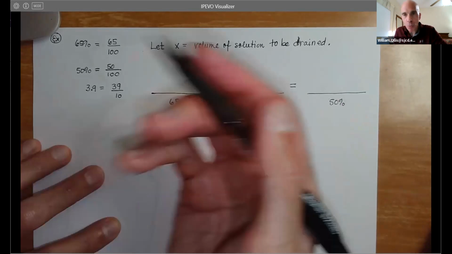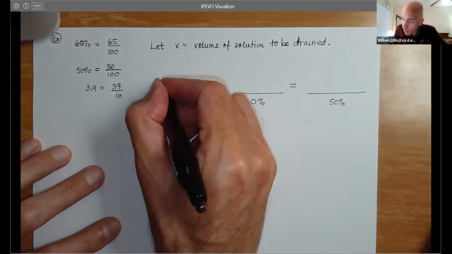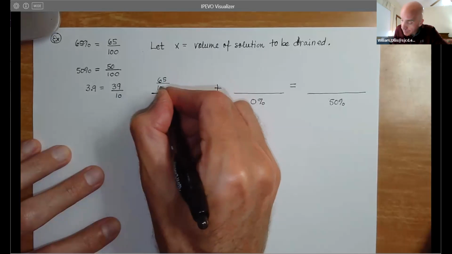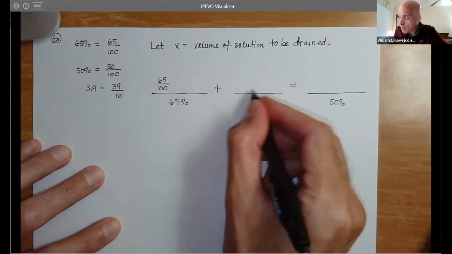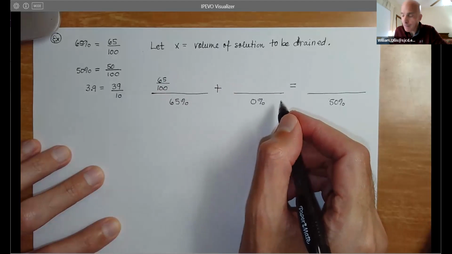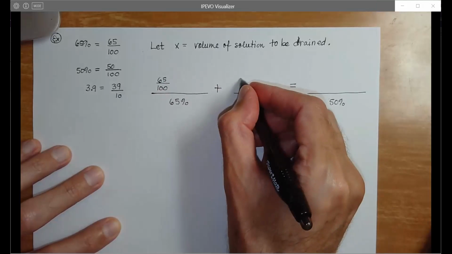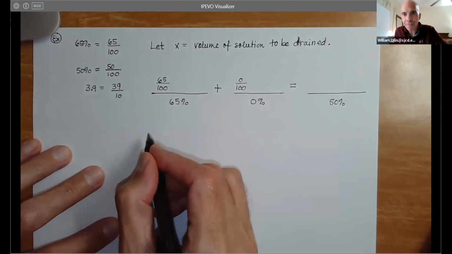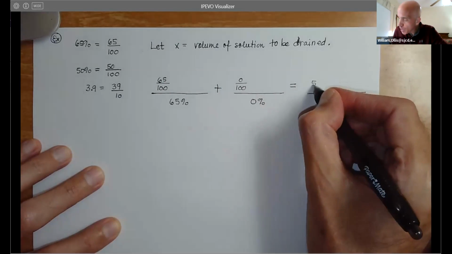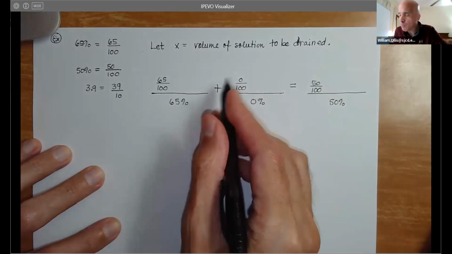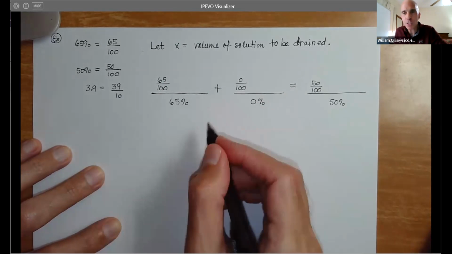So now we're going to write the concentrations like we had before, 65 over 100. What number do we put in for 0%? 0. Yeah, 0 over 100. That'll work, right? And then 50 is 50 over 100. You're thinking we just put 0. Well, that way if you're tutoring someone, they don't get mystified.